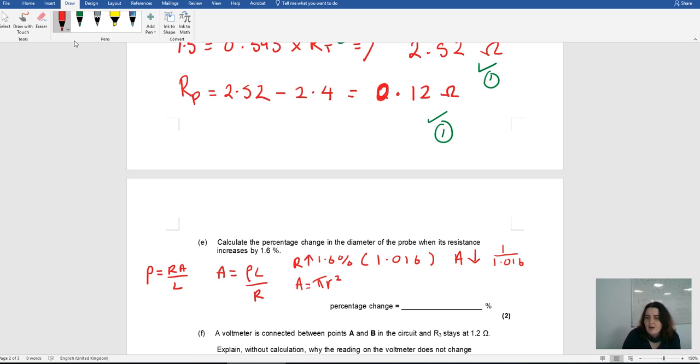So whatever happens to the radius also happens to the diameter here. So if my area is decreasing by that, my r, because it's square rooted, is going to decrease by the square root of that.